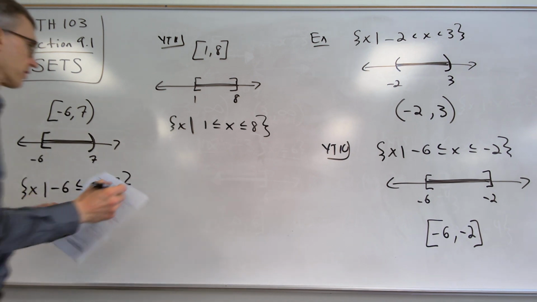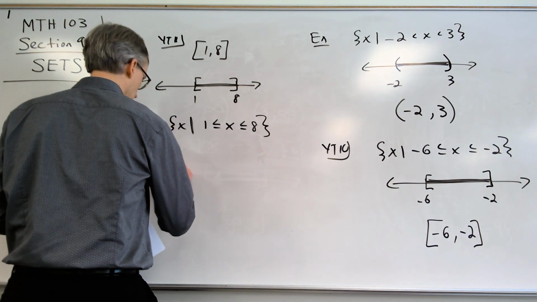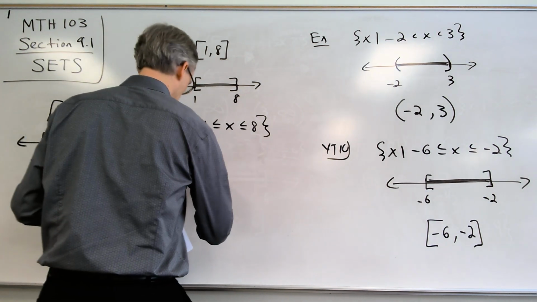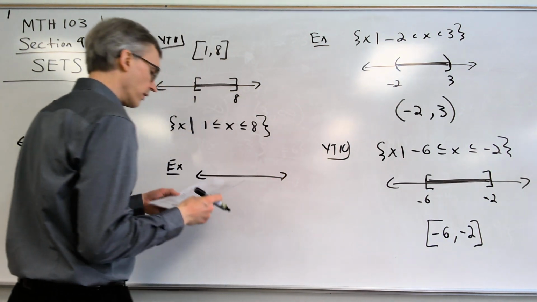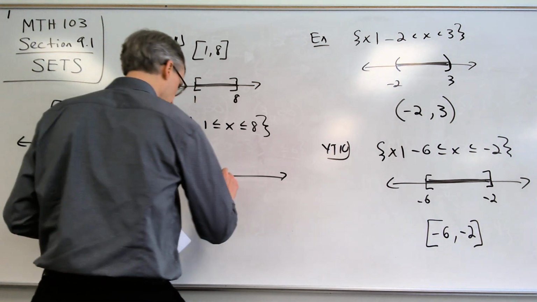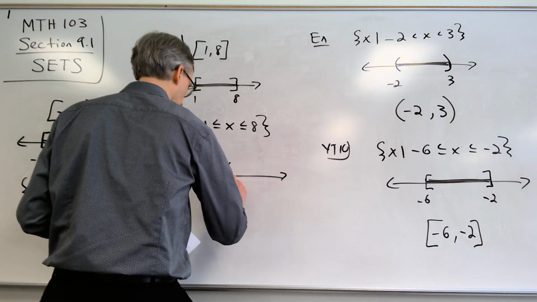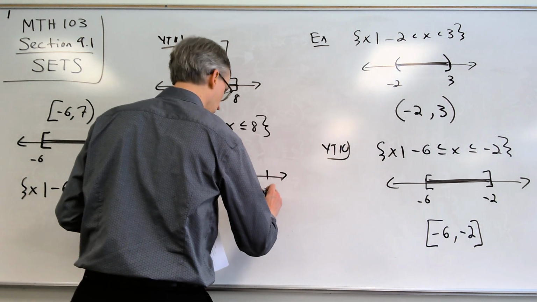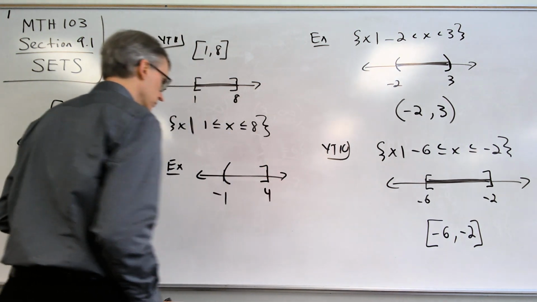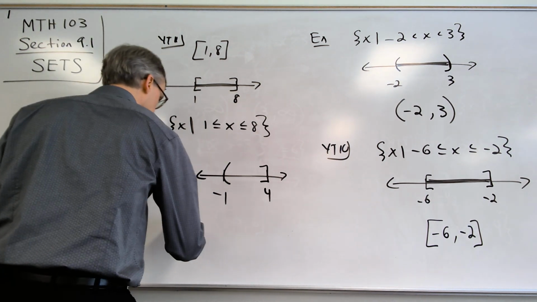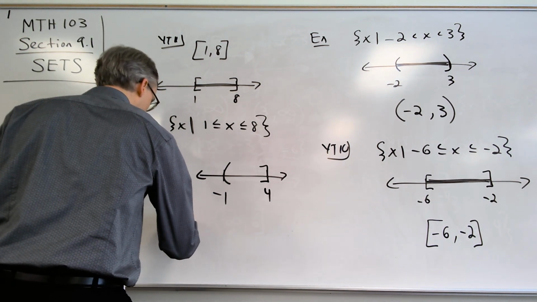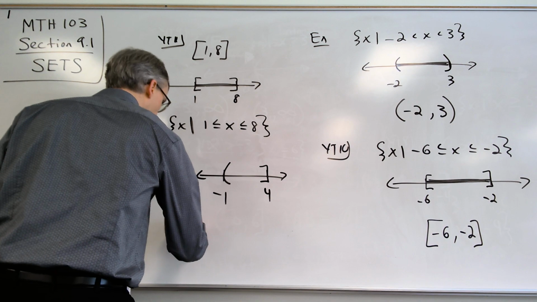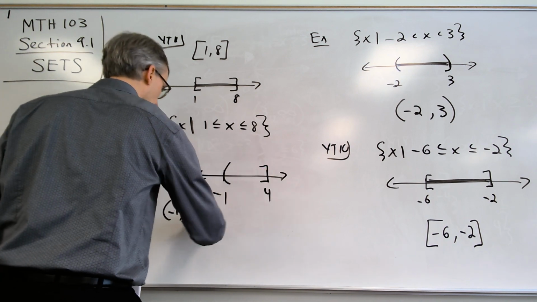Now in the next one, we're given the graph with endpoints at -1, a parenthesis there, and an endpoint at 4, and a bracket there. So interval notation is going to look exactly the same way, -1 to 4, with parenthesis and bracket.